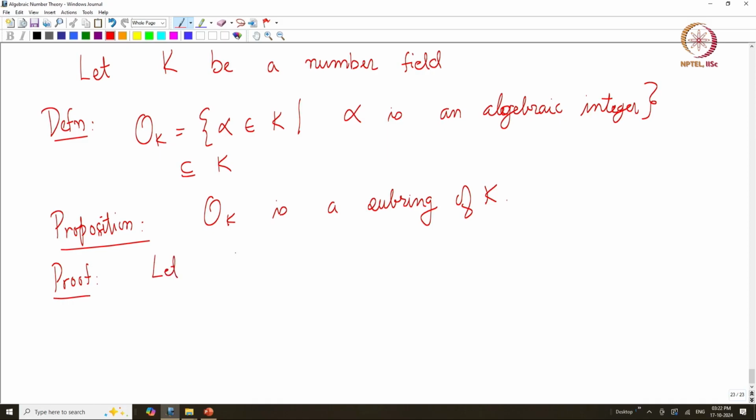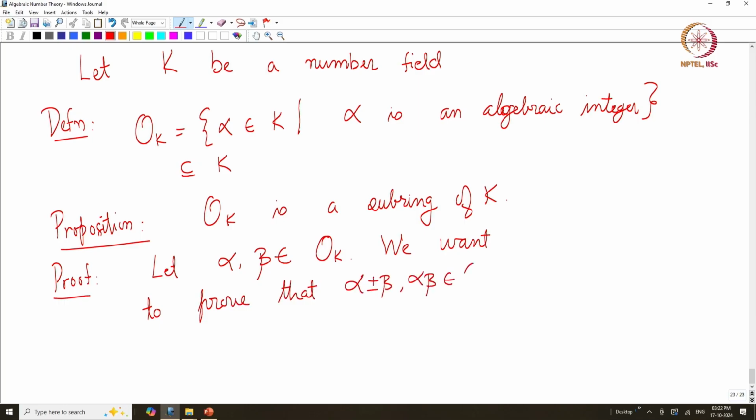So, let alpha and beta be algebraic integers. We want to show that alpha plus beta and alpha minus beta and alpha times beta are also in O_K.